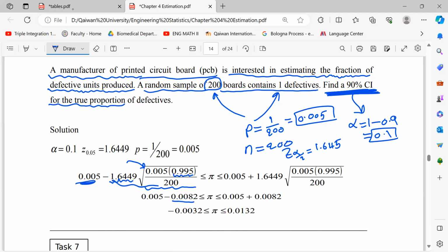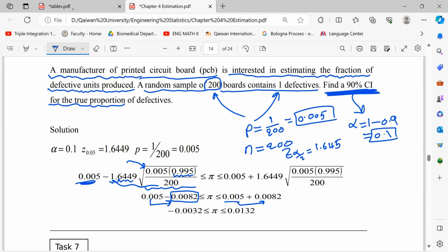It is 0.0082. Then, in the left you have P minus this amount. In the right you have P plus this amount. The same amount you have in both sides. But in the left you have P minus that amount, and in the right you have P plus that.